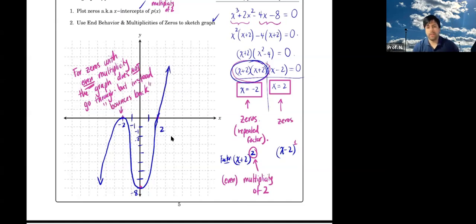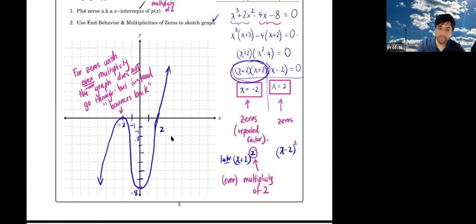When you have a repeated factor and it's an even number of times, when you graph it, it's going to bounce. And then if you have an odd multiplicity, it goes through. So that's the way to interpret multiplicity now.